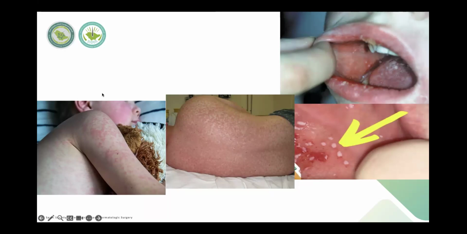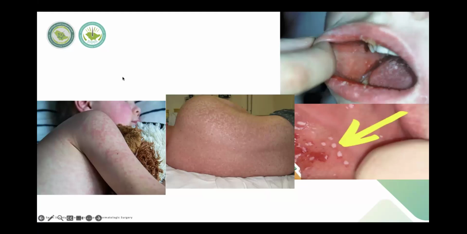And here in this patient, we can see that it's coalescing into larger islands of erythema, also including the face. We can see the enanthem. Enanthem means the rash in the mucosa. Here we can see grayish macules that are surrounded by erythema. So this is, as you know, measles.